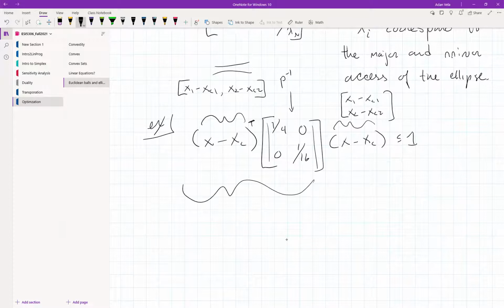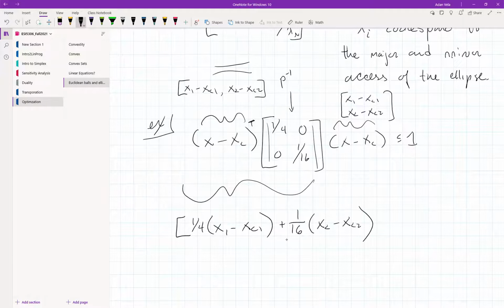So this multiplication, if we work it out, is equal to 1/4 times x1 minus xc1, comma, 1/16 times x2 minus xc2. That's just the multiplication between the row vector on the left with the matrix, and then we multiply it times the vector on the right, which again is x1 minus xc1 and x2 minus xc2.